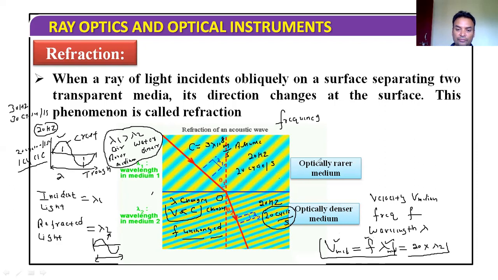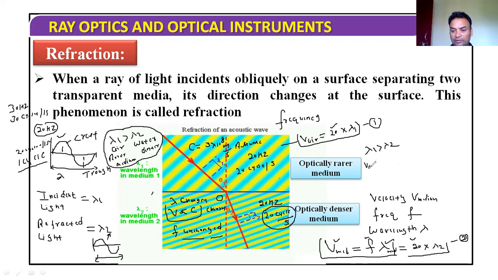Now, what is the velocity in the air? Frequency in the air is 20 hertz, so 20, and the wavelength is lambda 1. This is equation number 1 and this is equation number 2. Compare them. The frequency is same, but lambda 1 is greater than lambda 2.